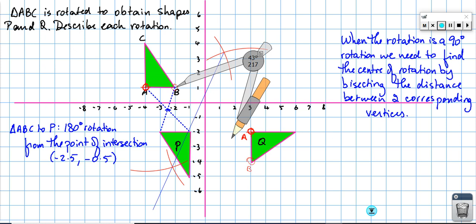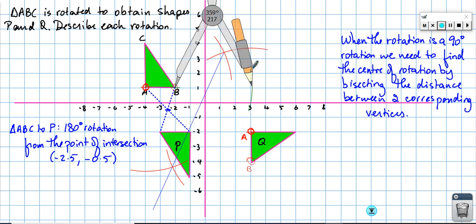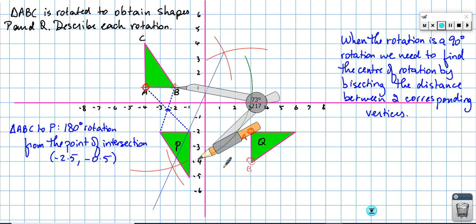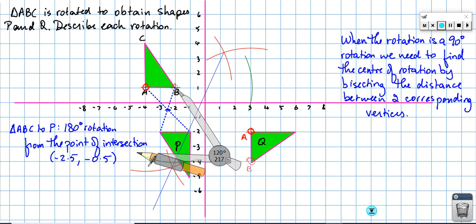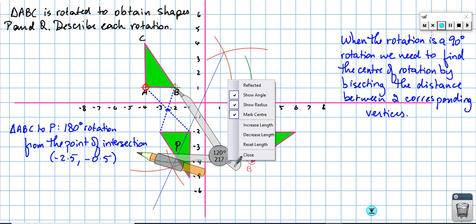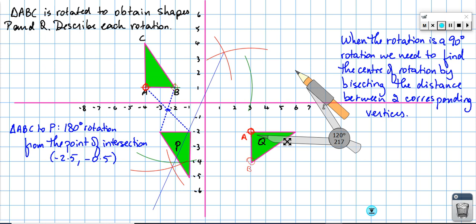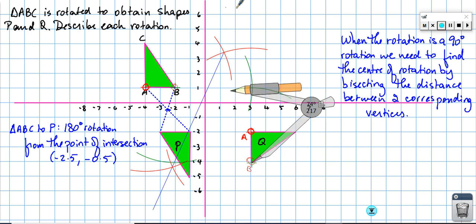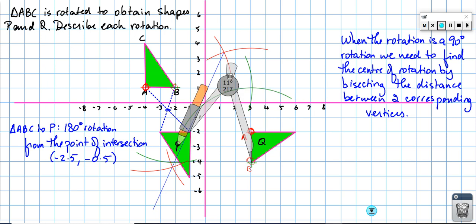I'm going to use another color so that you can see clearly what I'm doing. I'm going to draw one arc on top, the other arc on the other side. So that's one. I'm keeping my radius. I'm going to point my compass on the other B. That's my first bisection. This is my other bisection.